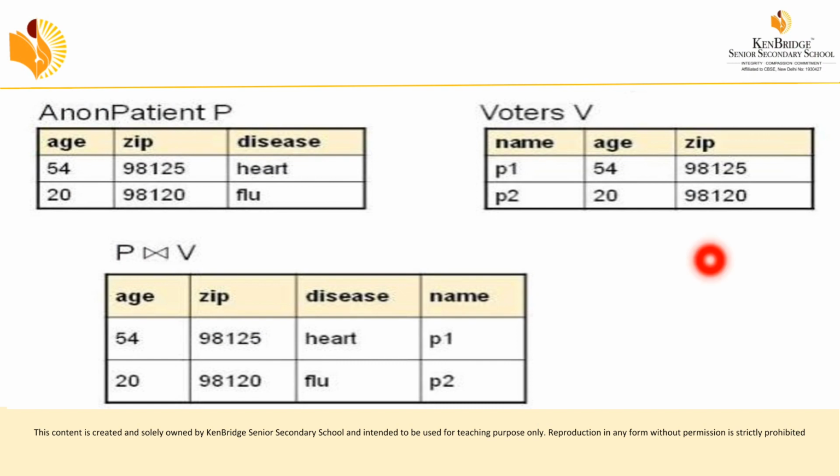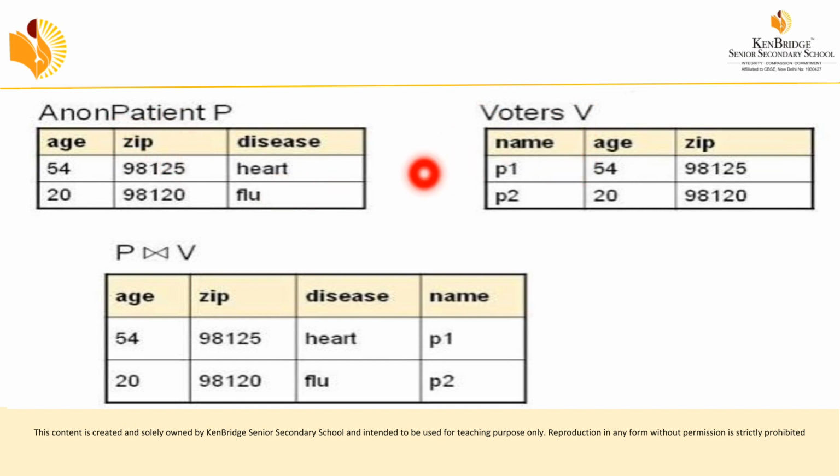And look at here, one more example I have given for natural join. For natural join, the symbol will be like this, okay? So here we have two tables. One is a patient P and another one is voters B, okay? And we are going to join both. Okay, now here we have three attributes, and here we have three attributes. Now look at both. We have age and zip.